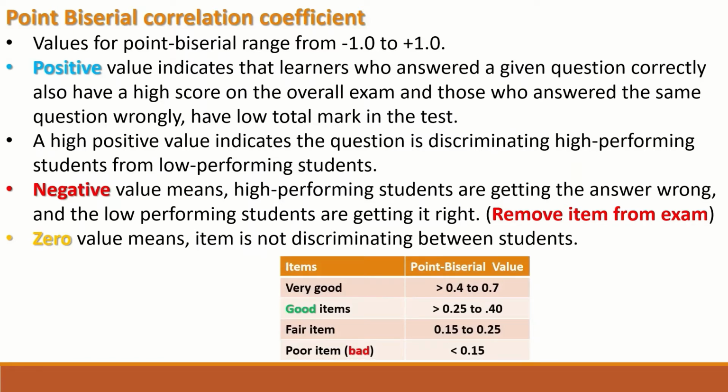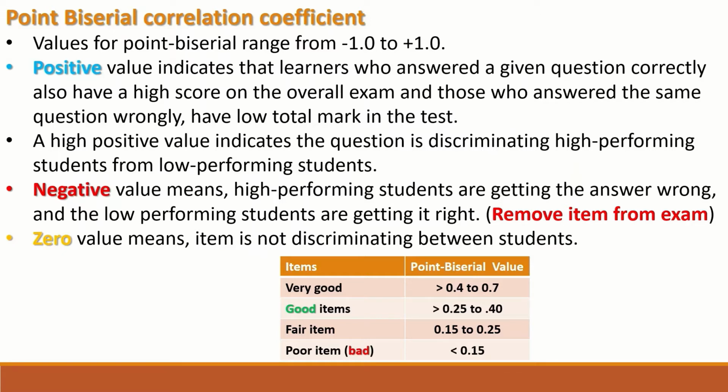In this small table, any point biserial value that is greater than 0.4 indicates that the question is very good, and a value of 0.25 to 0.4 suggests a good item. A fair item has a point biserial value of 0.15 to 0.25.